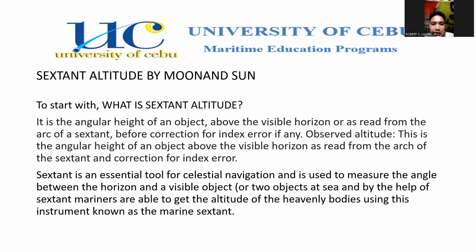The sextant is an essential tool for celestial navigation and is used to measure the angle between the horizon and a visible object, or two objects, at sea. With the help of the sextant, mariners are able to get the altitude of heavenly bodies using this instrument known as the marine sextant.